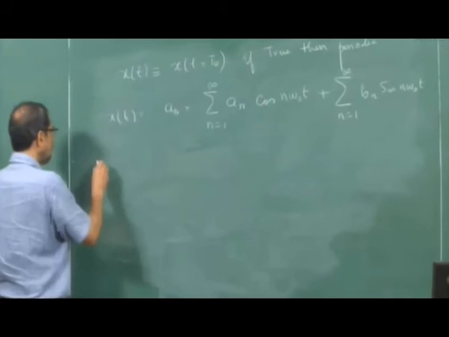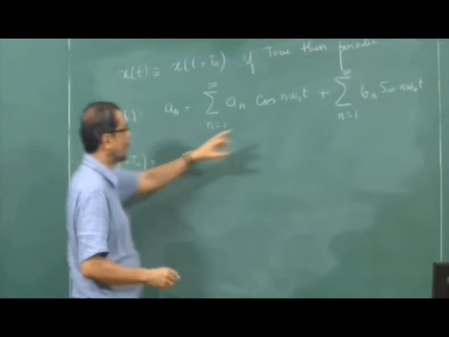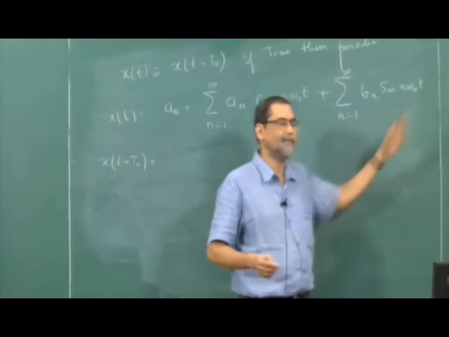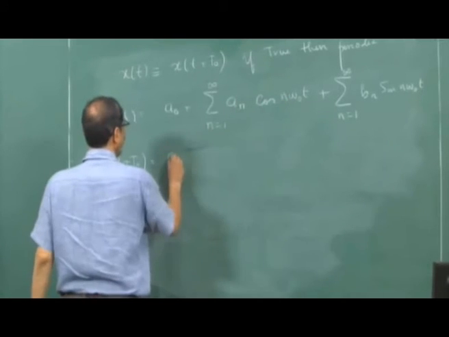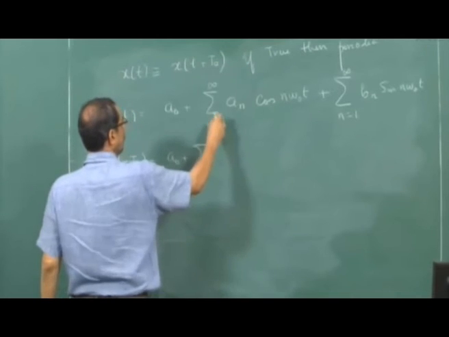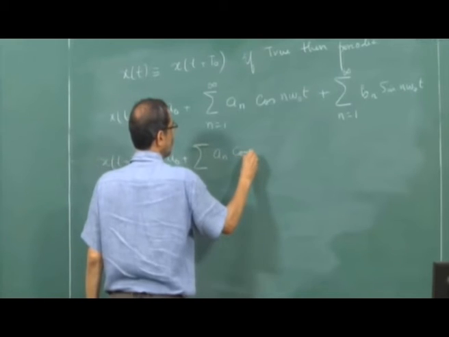Okay, so let me first write this as x of t plus t naught, replace t by t plus t naught, and see what happens. So you get a naught because that doesn't depend on time. I will not write the limits of summation all the time. It's very time consuming.